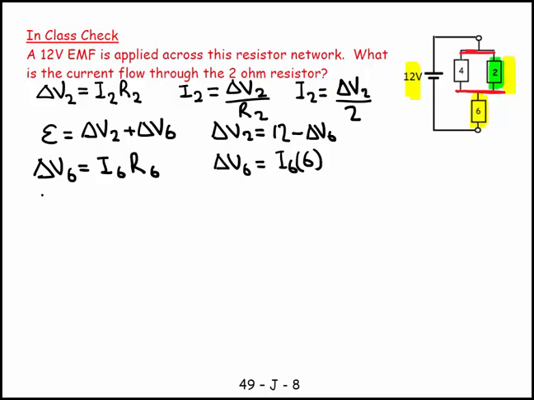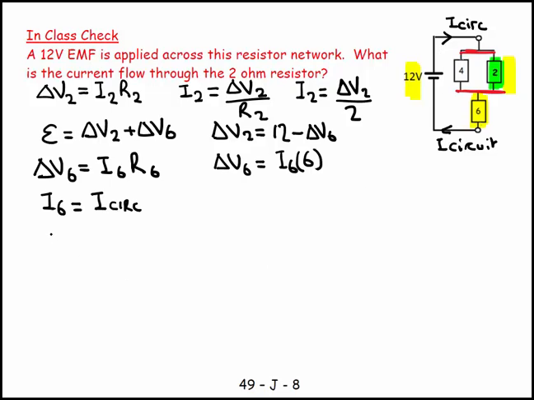And you say, well, my current flowing through the 6 is equal to the current flowing around the circuit. Let's call it I circuit. And what we see is the current flowing out of the 6 is the same as is flowing round the rest.